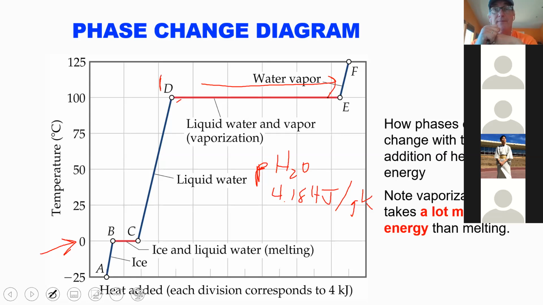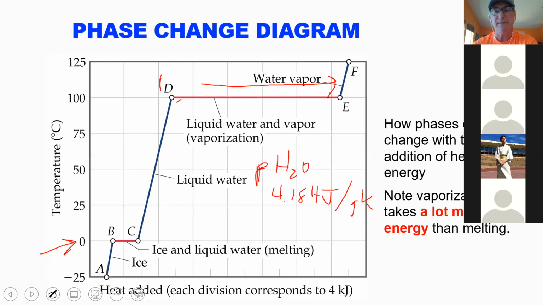And if you're up in Denver, for instance, if you're up at a mile high, the water will boil at around 93 or 92 degrees. And so whatever the atmospheric pressure is, that's what your pressure of water vapor is going to be. So between B and C, the temperature doesn't change because it's going from a solid to a liquid.